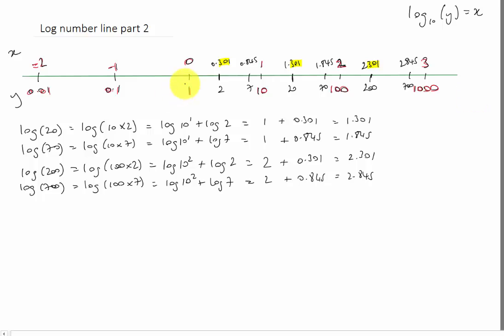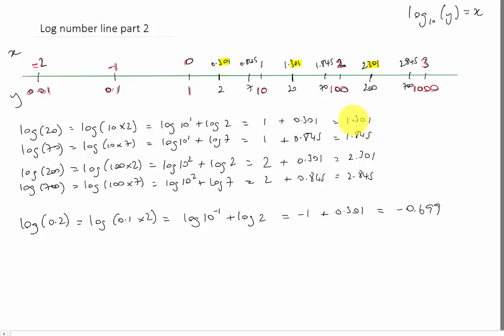Now what happens if we go to numbers smaller than 1, so our logarithms are smaller than 0? How about the logarithm of 0.2 now? So that is the logarithm of 0.1 times 2, which is the logarithm of 10 to the power minus 1 plus the logarithm of 2. So that is minus 1 plus 0.301, which happens to be equal to minus 0.699.